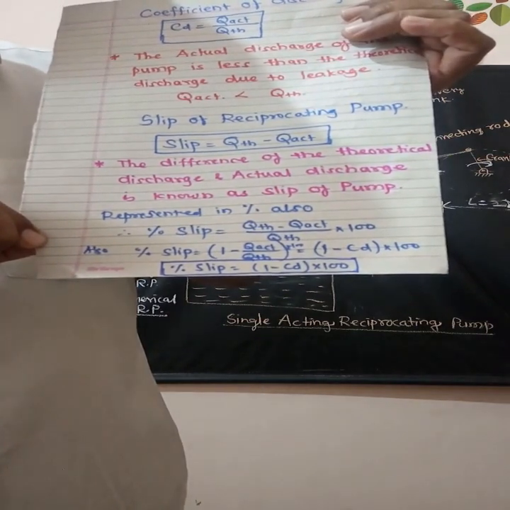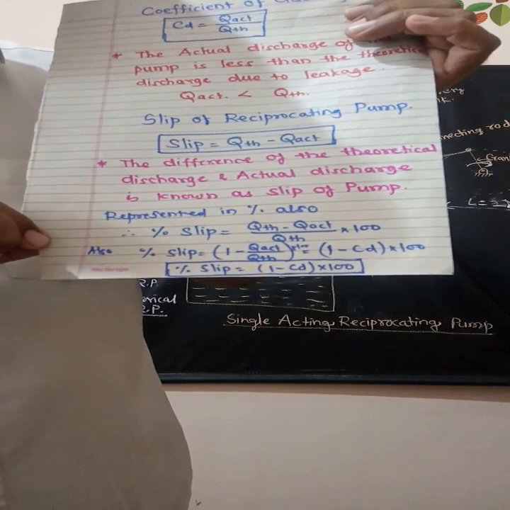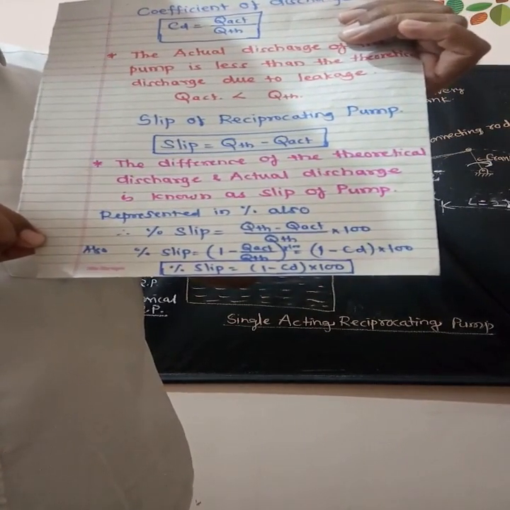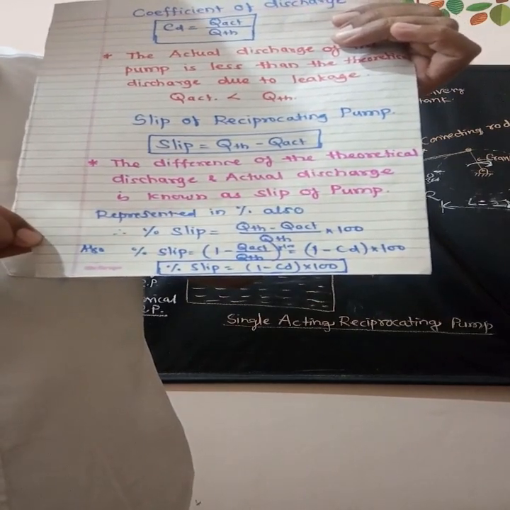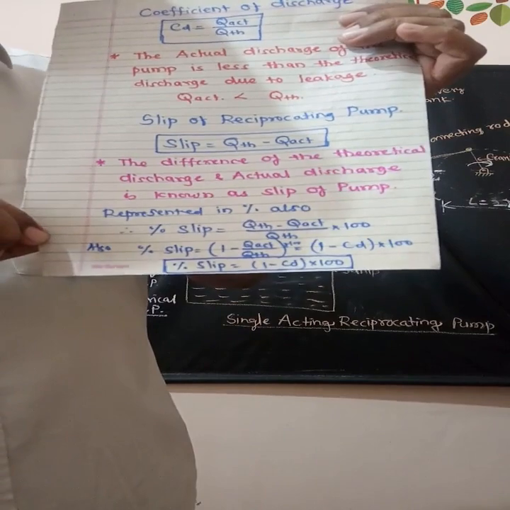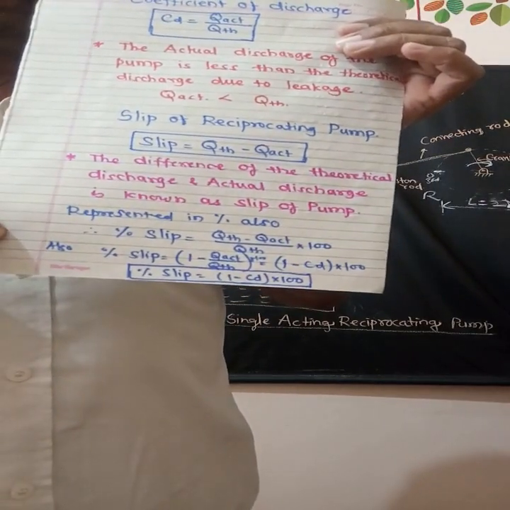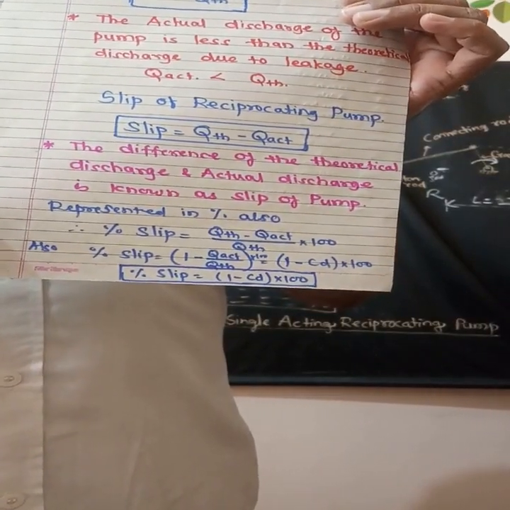So slip can be represented as 1 minus Q actual upon Q theoretical, right? That will be equal to 1 minus Cd, because Cd is Q actual upon Q theoretical. So in bracket 1 minus Cd, bracket complete, into 100. In this way the percentage of slip is (1 minus Cd) into 100.